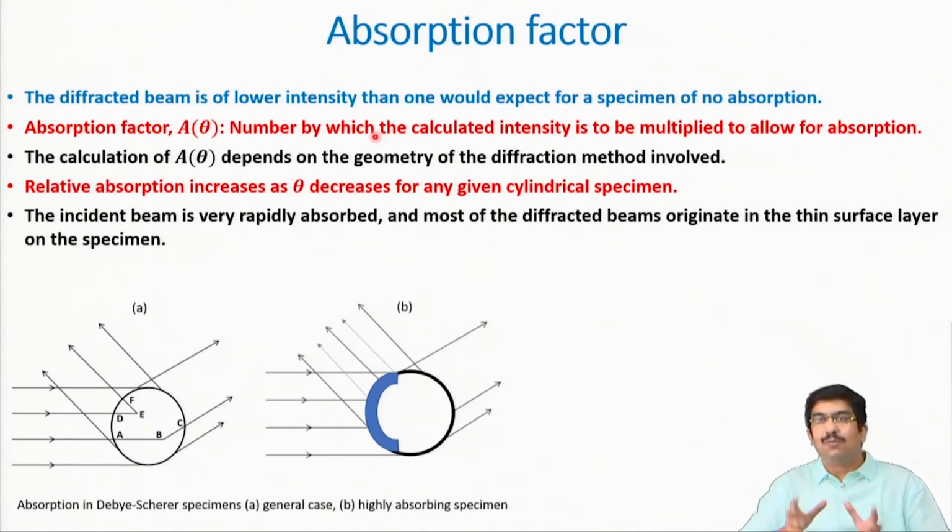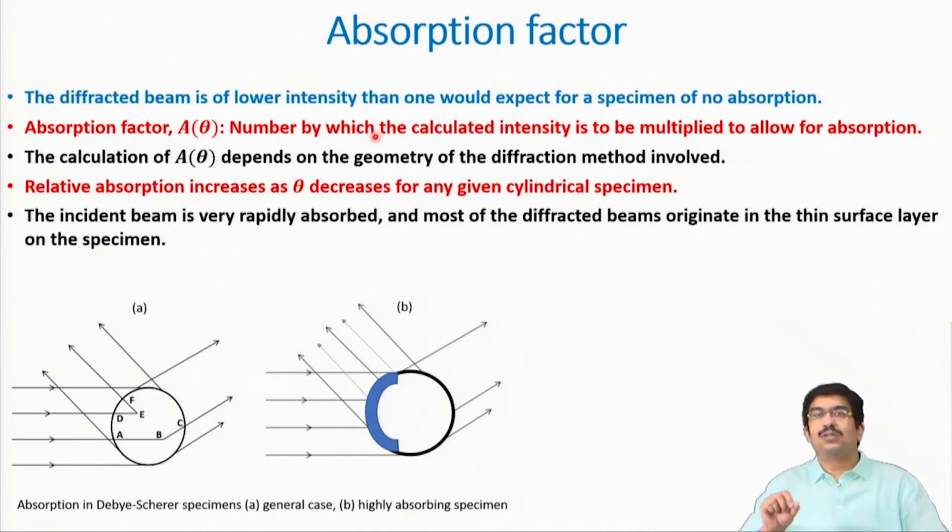The geometry of the diffraction means the relative position of the X-ray source, specimen and the detector, and what type of detector and source we use. Based on those, the X-ray diffraction geometry will vary. For all other factors this does not matter much, but the absorption factor really depends on what type of geometry we are using.